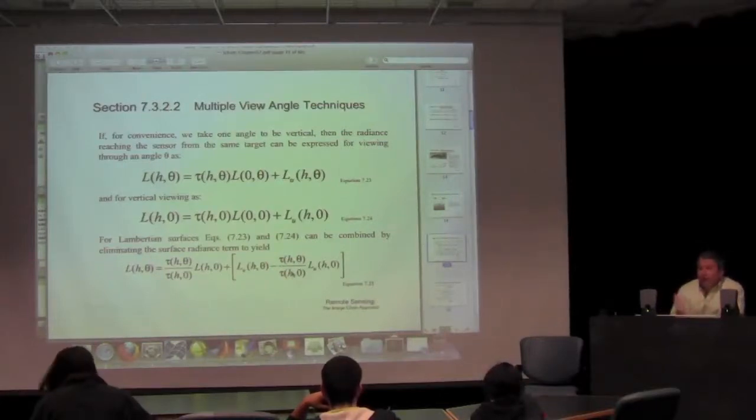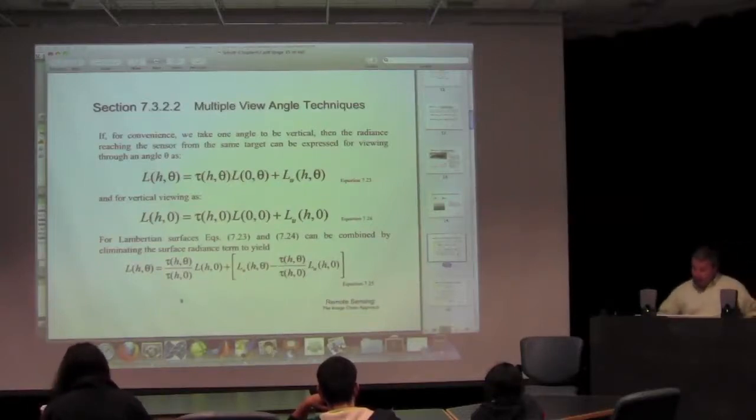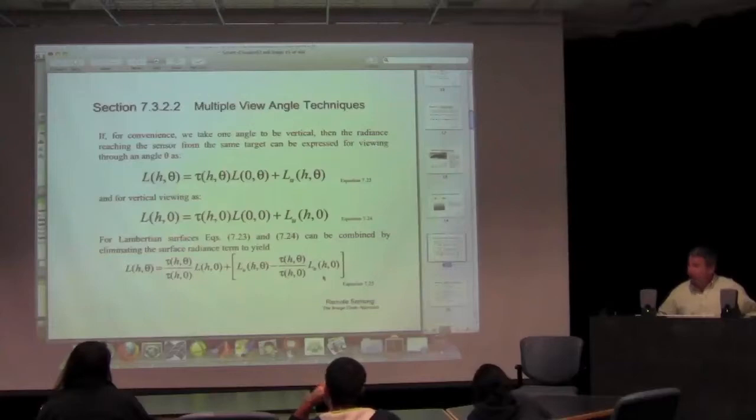So if you look at several targets on the ground, you'll get several different radiances at an angle, several different radiances straight down. You can plot those two things as functions of one another, and you can come up with this ratio, which is your slope, and this summation over here, which is your intercept term.